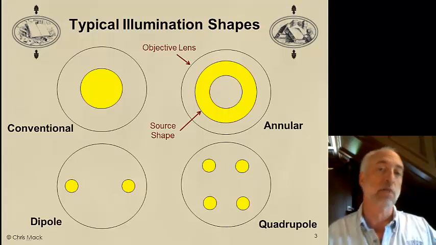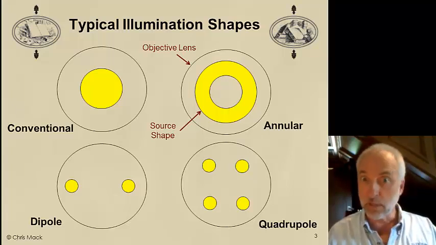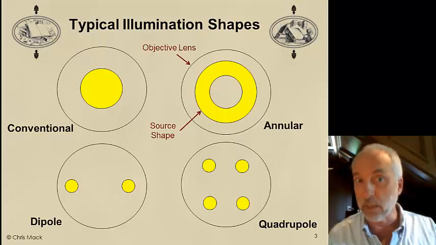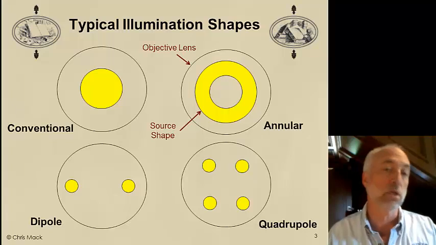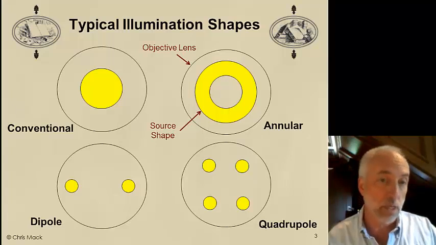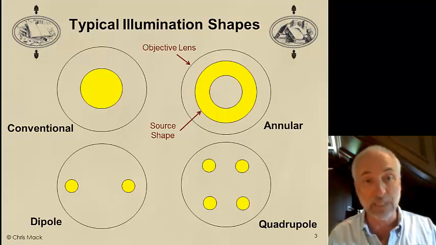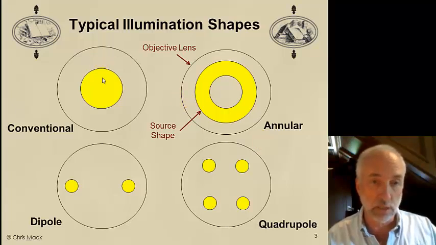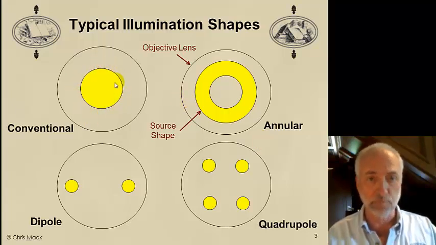Here you can think of this as the image of the source as it is projected into the objective lens using Koehler illumination. It's also the shape of the zero order of light for the case of a pattern of lines and spaces, for example. Our conventional illumination, or disc-shaped illumination, is illumination shaped like a circle.